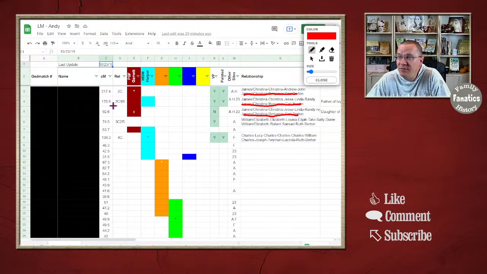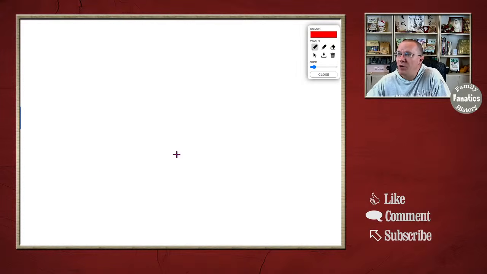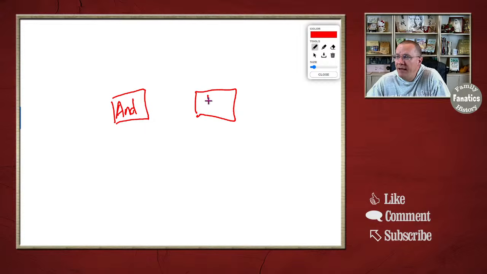I have an Andrew. Oops, let me go to my blank page to draw this out. Helps if I put my marker on. Okay. I have Andrew and I have Jesse.